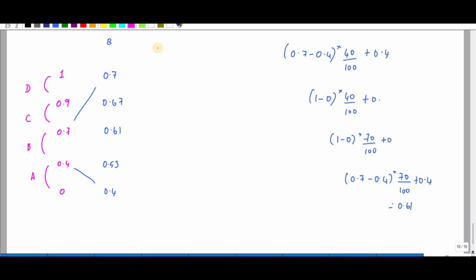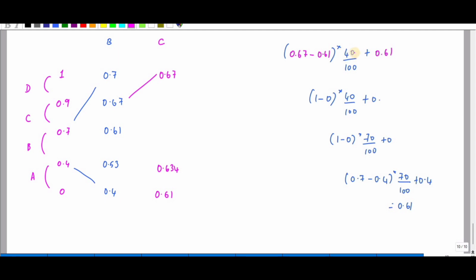Next, the symbol we are passing is C. For C, the upper value is 0.67 and the minimum value is 0.61. Again you do the same thing: 0.67 minus 0.61 into 40% plus 0.61 gives 0.634.